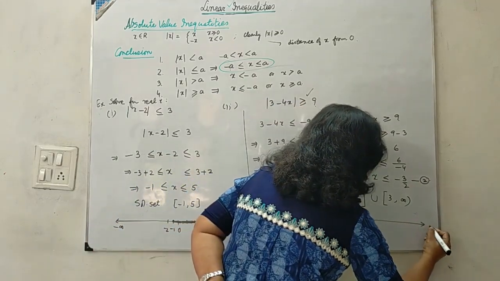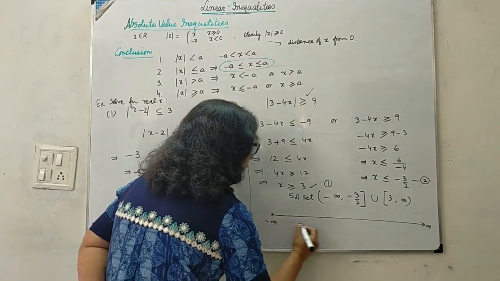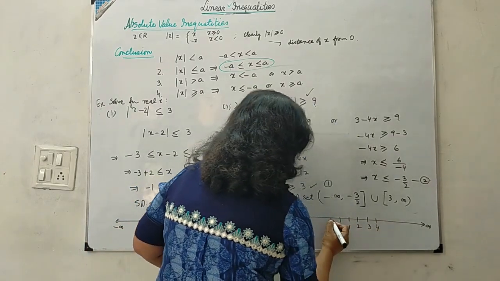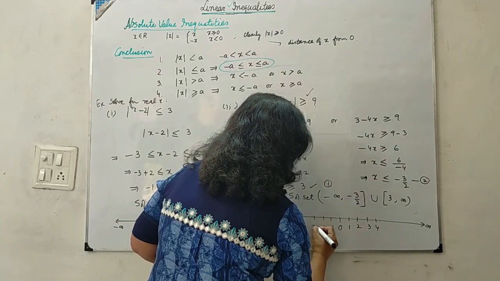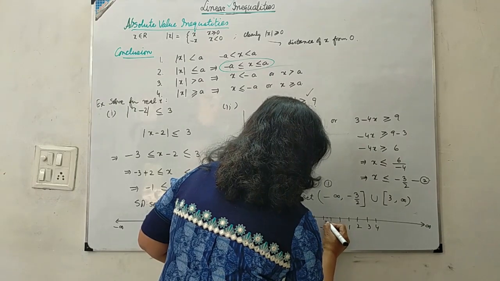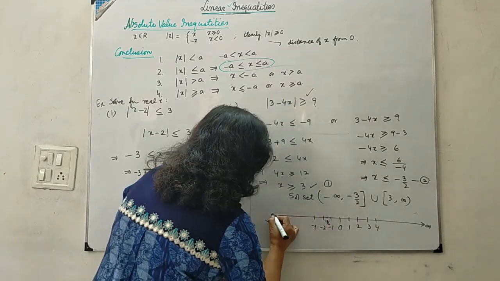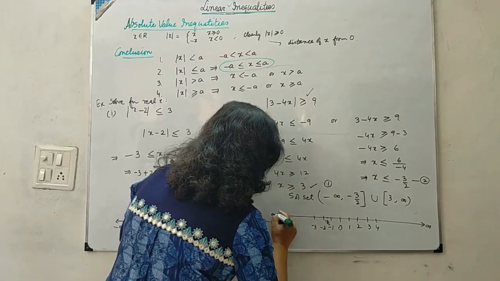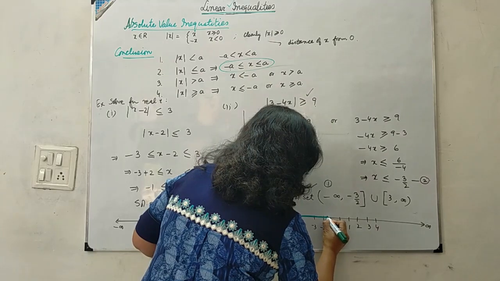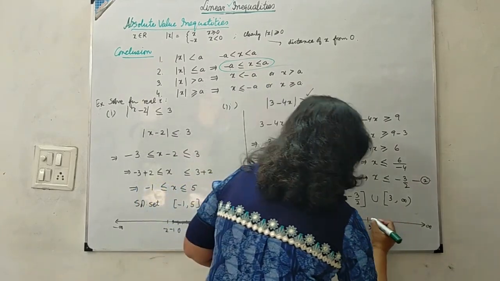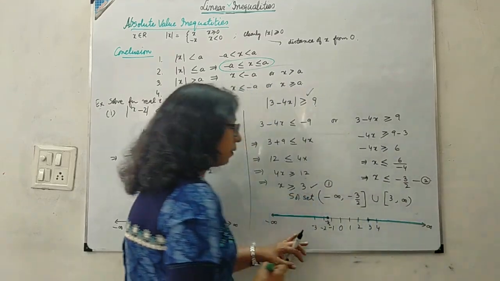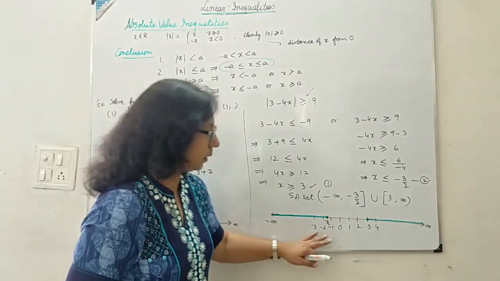You can see on the number line, this is minus infinity, this is 0, 1, 2, 3, 4, etc. This is minus 1, minus 2, minus 3, etc. Minus 3 by 2 is minus 1.5, and from minus 3 by 2 the line goes to minus infinity on this side. And 3 to infinity is closed, 3 to infinity, this part. This graph is as shown on our real number line. Thank you.